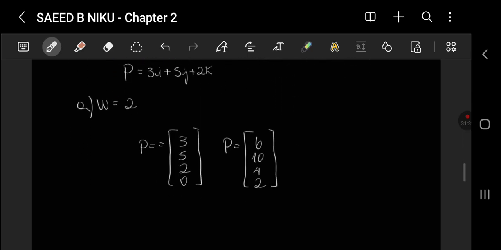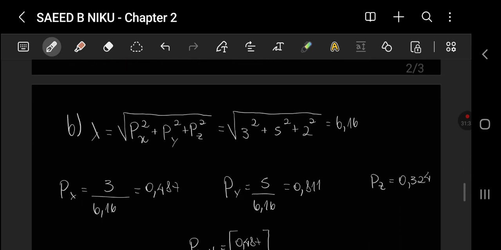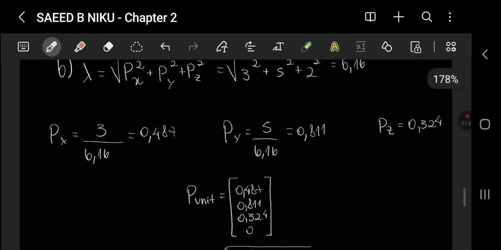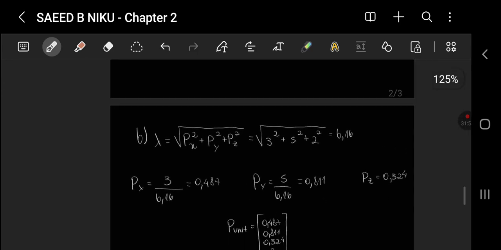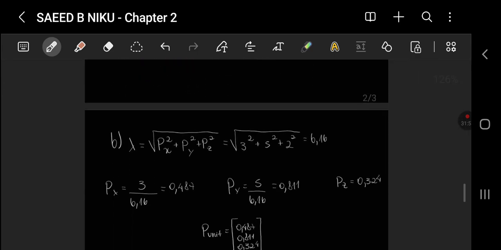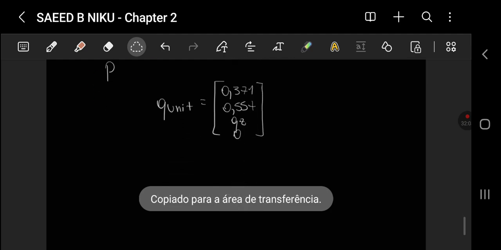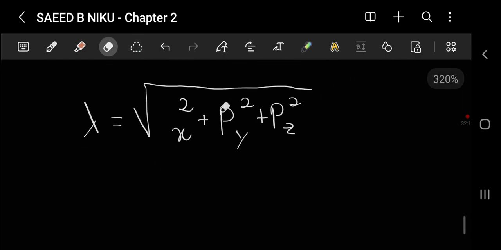So as we have learned right here, we can find any of these terms by doing the normalization and setting it equal to 1 right here. Exactly. Let me copy this and paste it right here.